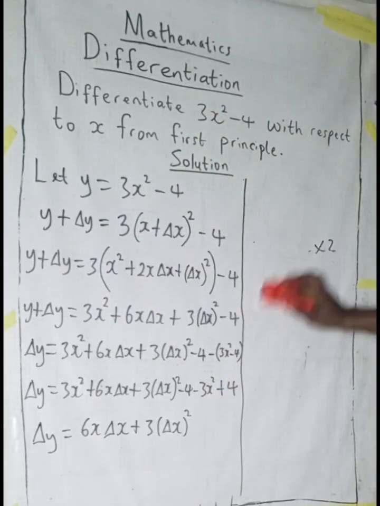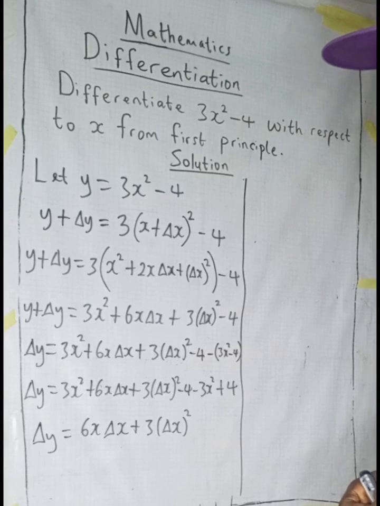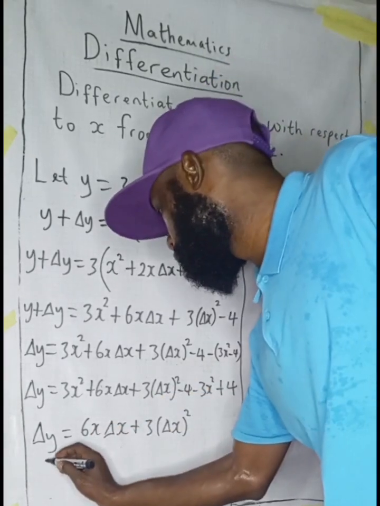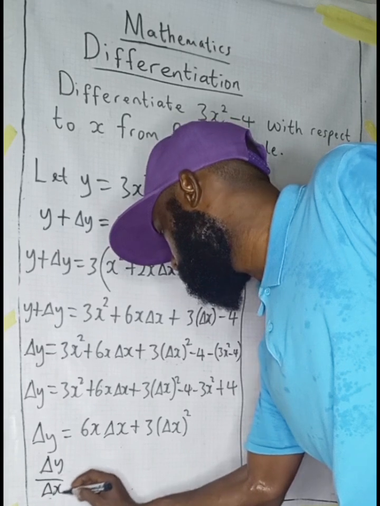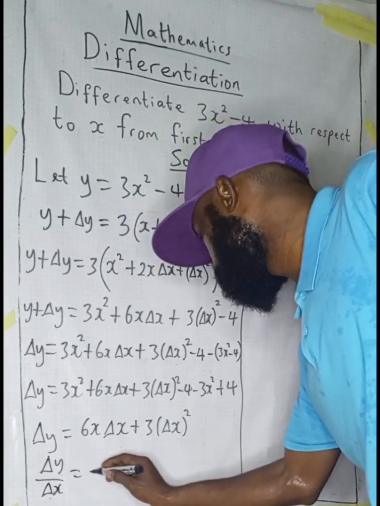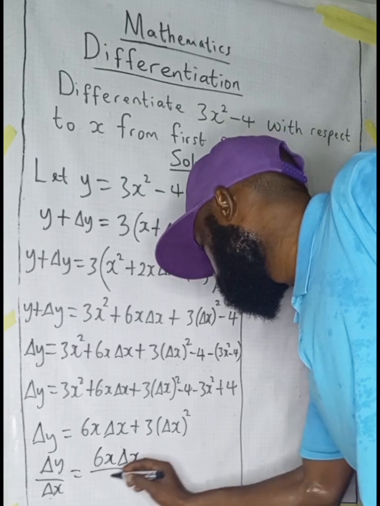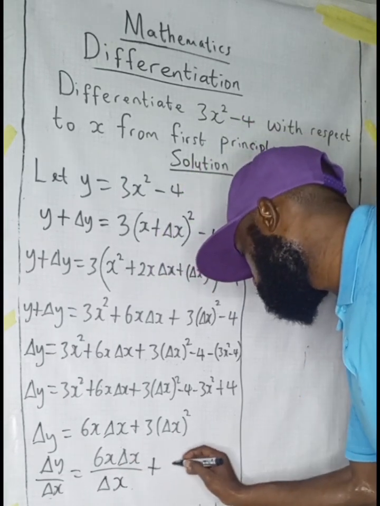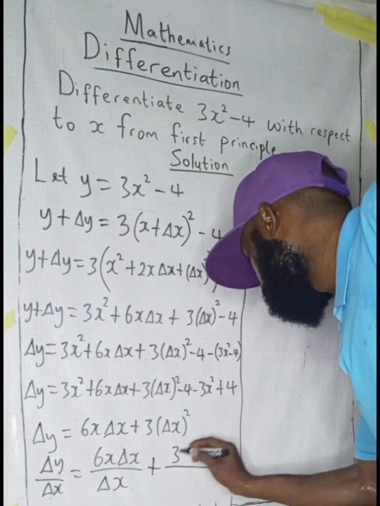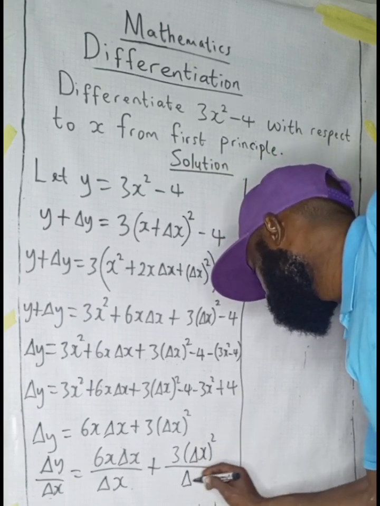What we'll do next is we divide through by change in x. We divide through by change in x. We'll have change in y over change in x is equal to 6x change in x over change in x plus 3 times change in x squared over change in x.